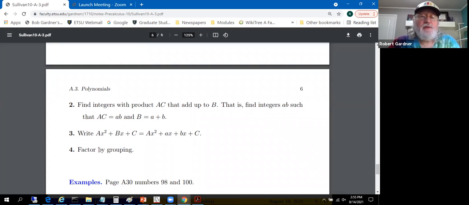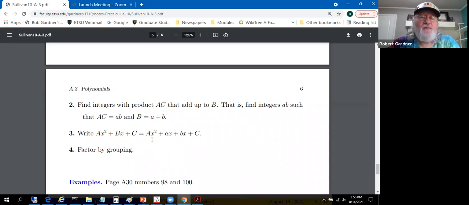In that case, that allows us to rewrite capital A x squared plus capital B x plus capital C as capital A x squared plus lowercase a x plus lowercase b x plus C. Remember, we said a plus b equals capital B, so these combine to give us capital B x, which we've got on the left-hand side. Not only that, but we can factor this by grouping.